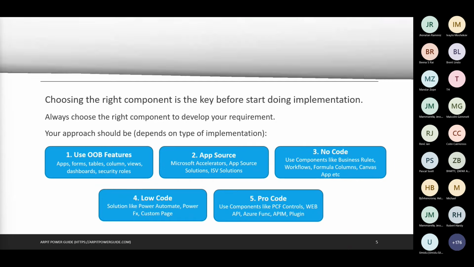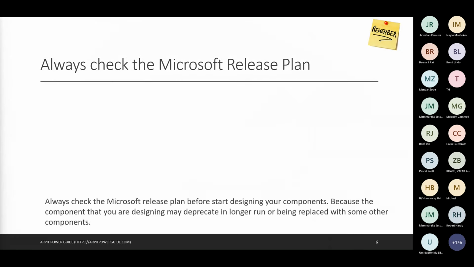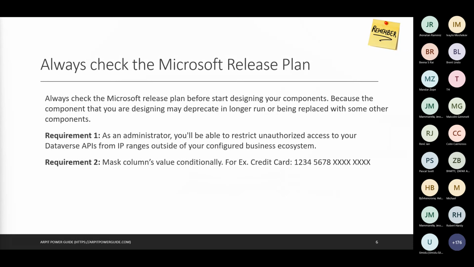Okay. The second is always check the Microsoft release plan. That is very important from my perspective. Because you may start the implementation and use a component which is going to be deprecated in the next 6 months or 1 year. So you have to carefully choose the components.